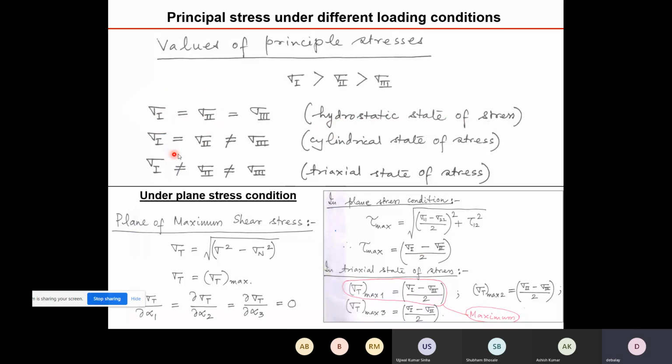Similarly, if two are equal and one is unequal, it is called a cylindrical state of stress. If three values are unequal, then it is a triaxial state of stress. But remember the hydrostatic state of stress. This is of very big significance.